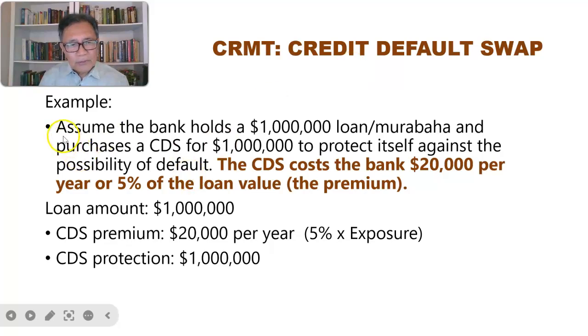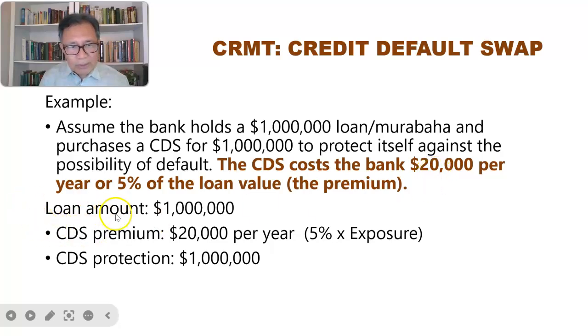So for example, assume the bank holds a 100 million loan or murabaha and purchases a CDS for 1 million coverage to protect itself against the possibility of default. So the CDS will cost the bank 5% of the loan value, which is 5% multiplied by 1 million, that will be 20,000 per year.